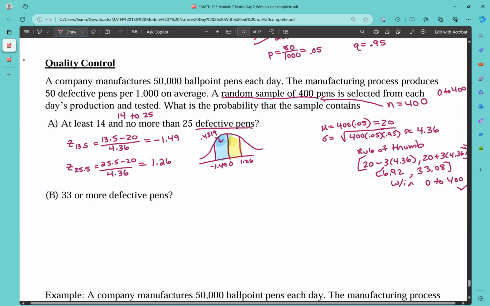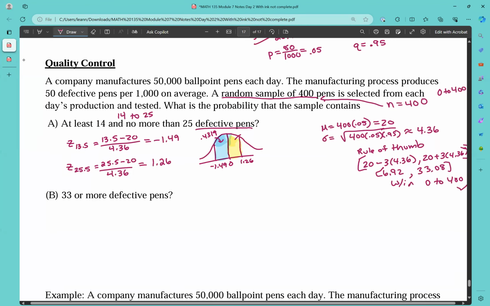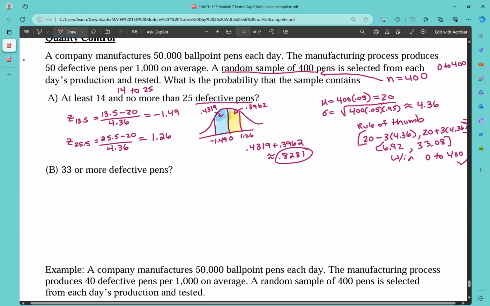Then we need the area from the 0 to the 1.26. So 1.2, 0.06. Find where those two overlap. That's going to be 0.3962. So this side over here is 0.3962. Since we're doing between, we add those together to get our approximation. And that gives me approximately 0.8281. About 83% almost. They just said probability though, so I don't need to convert it to a percent.